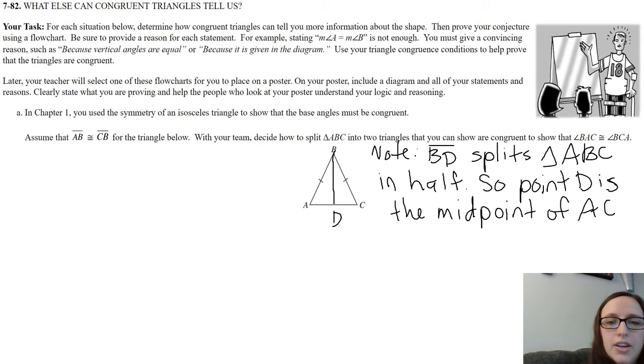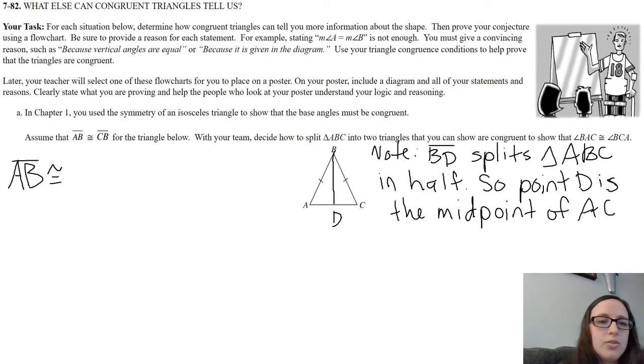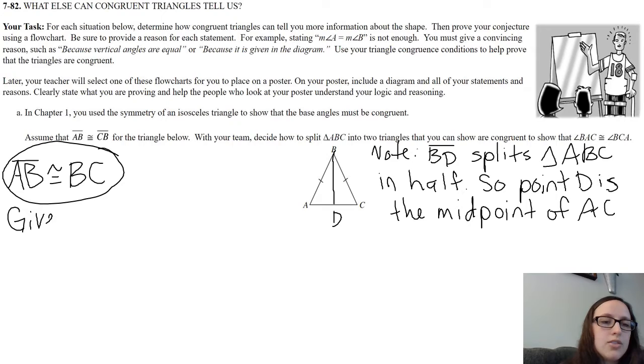All right, and so now I'm going to start my proof with the given AB is congruent to BC. Circle that and write given underneath as our reason. And then I can say that AD is equal to CD.